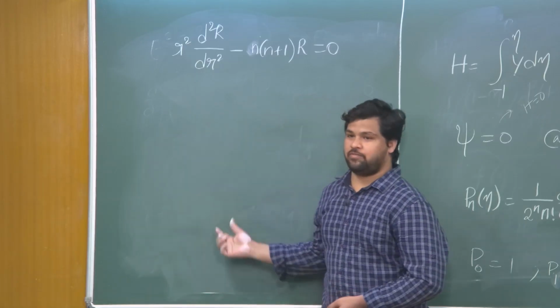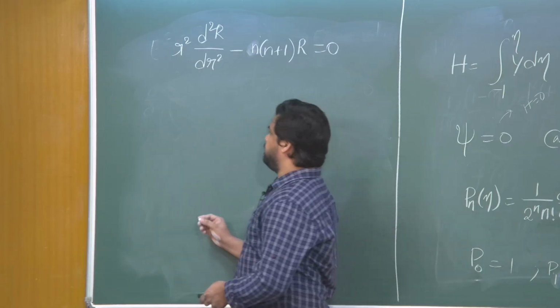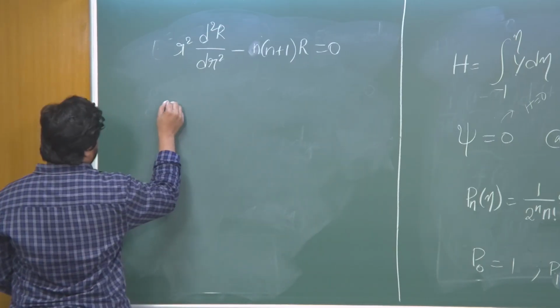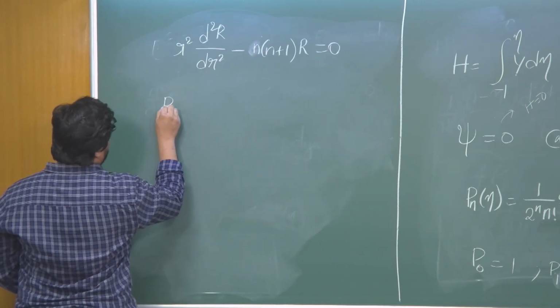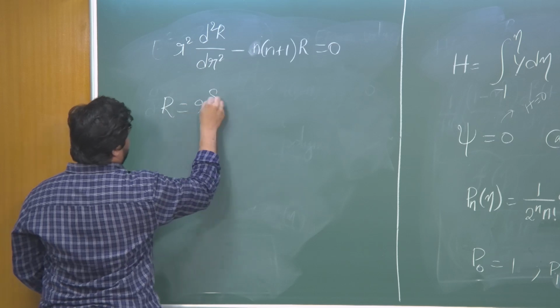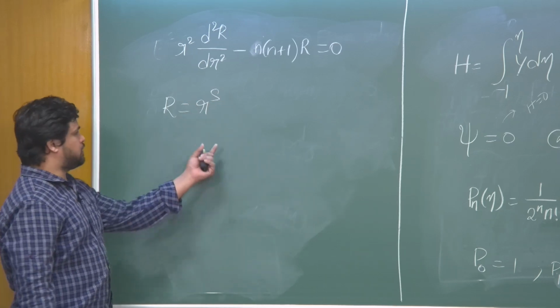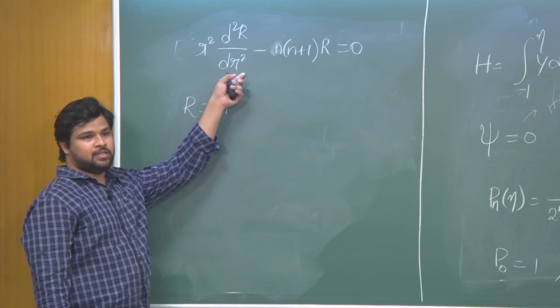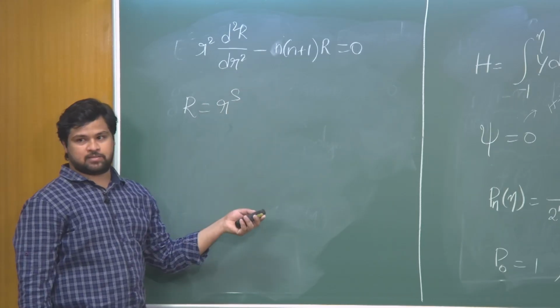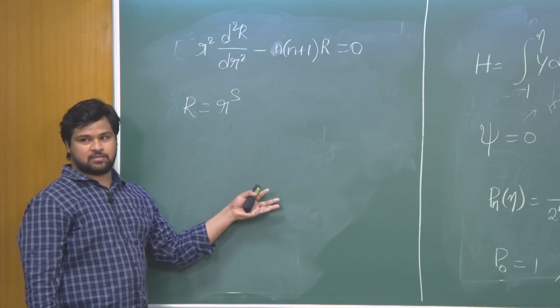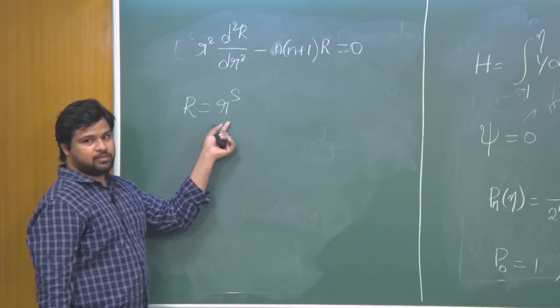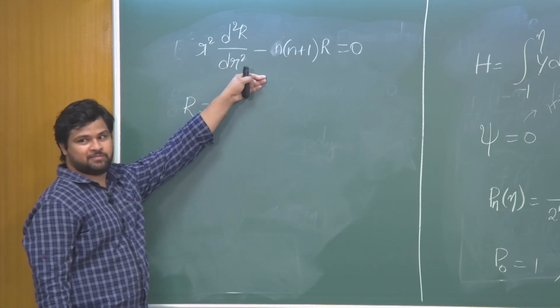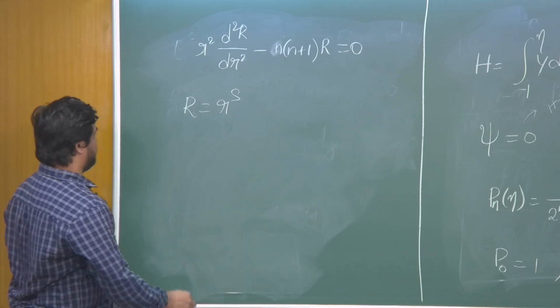These types of equations have the solution r equal to r power s. If you substitute this solution in the equation, it will give you a characteristic equation. If you get roots for that characteristic equation, this solution is the solution for this equation. Okay, we will see what happens.